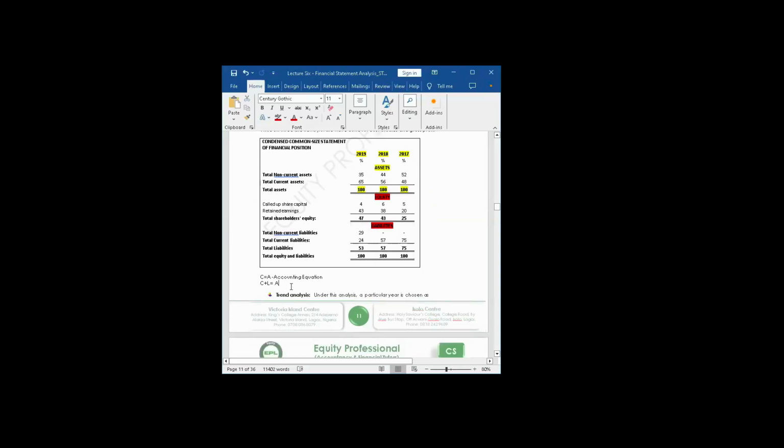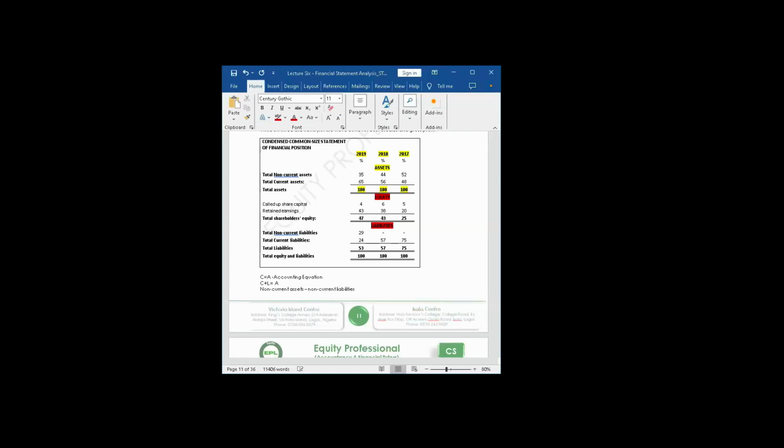Meanwhile, there is also a rule that when you are financing, you always finance non-current assets with non-current liabilities.